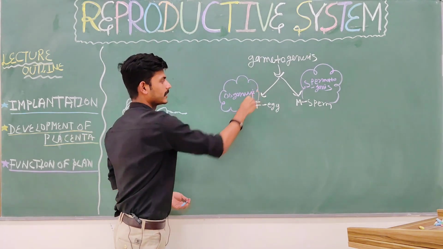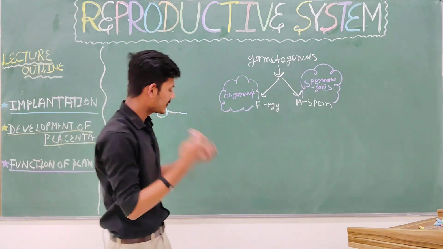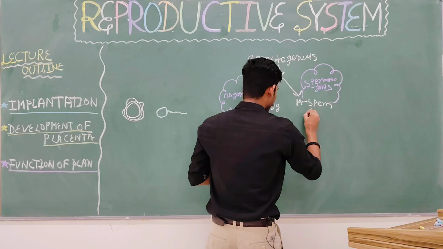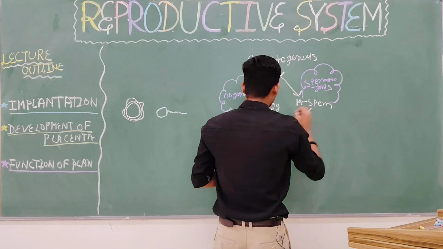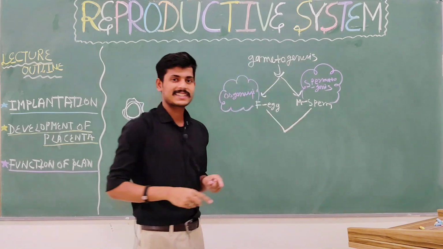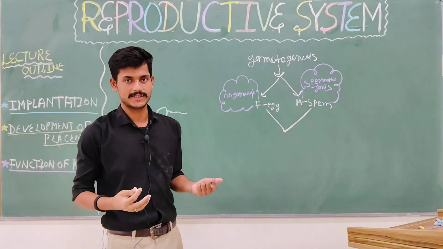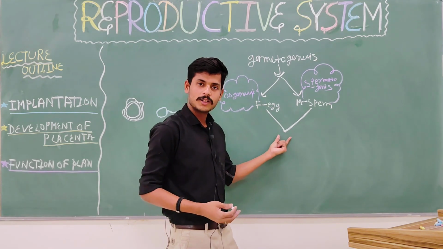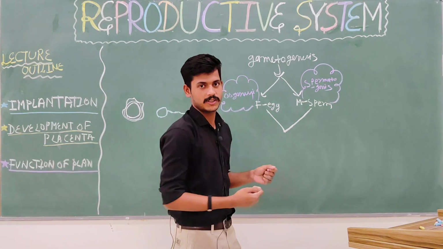Easy to understand? Now, like we want to achieve our goals, these gamete cells, the sexual cells, also want to achieve their goal in life, and their goal is to meet with each other.